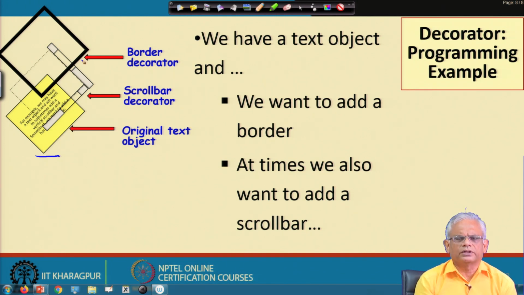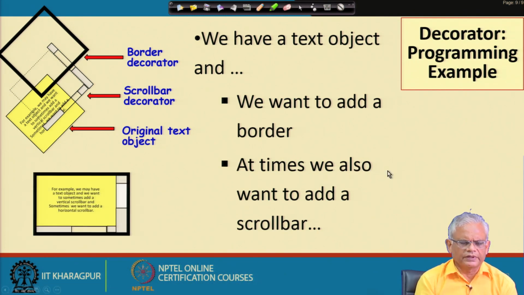So, there will be two decorators. We want to first decorate the original text with a scroll bar and then we will decorate with a border. So, finally, it would appear like this. There is a scroll pane and then there is a border.